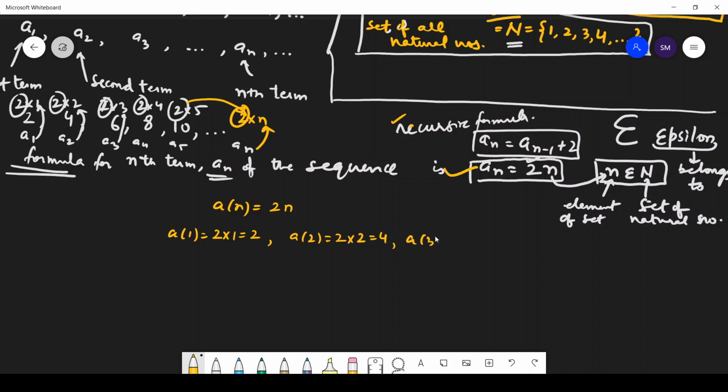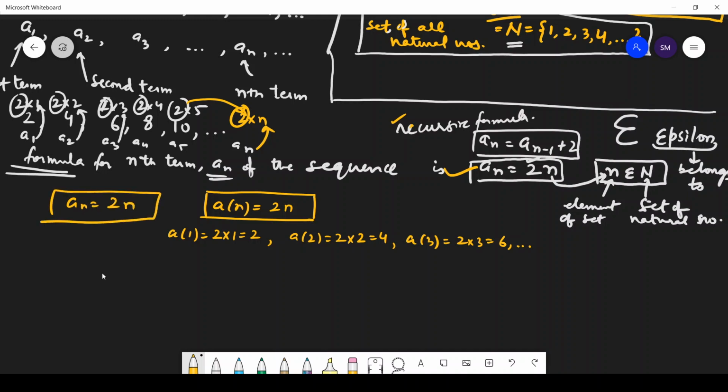Put n equals 3, so that's 2 into 3, that's 6, and so on. Now, what is the advantage of this formula? Both are the same ways to write this. You can write it any way.